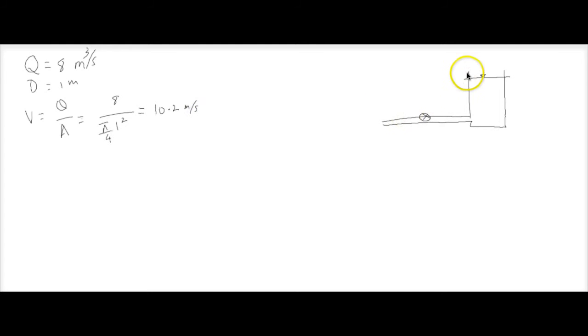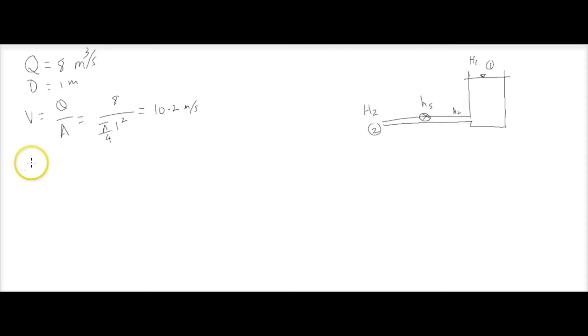So now we will apply the energy equation between section 1 and section 2 to find out the head added by the pump. And of course, we know that along this pipe there is head loss HL, and let's say H1 is the starting head and H2 is the ending head.